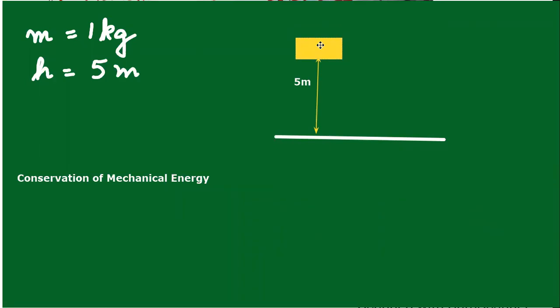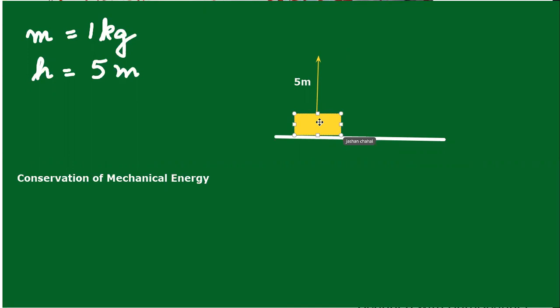And when this object starts falling down, its potential energy decreases. Why? Because the height from the ground decreases. But as soon as this object touches the ground, the whole of the potential energy becomes zero and it gets converted into kinetic energy.